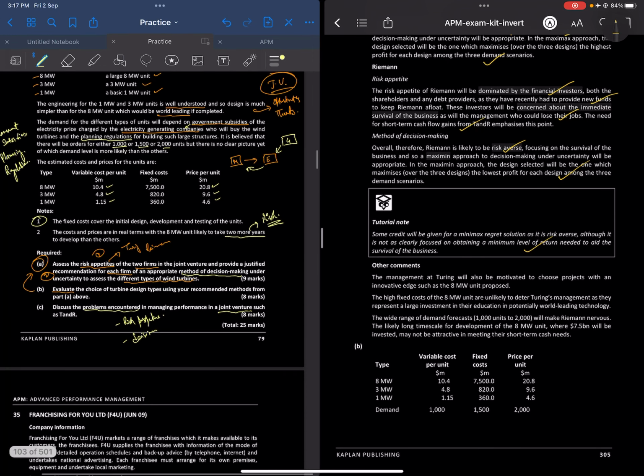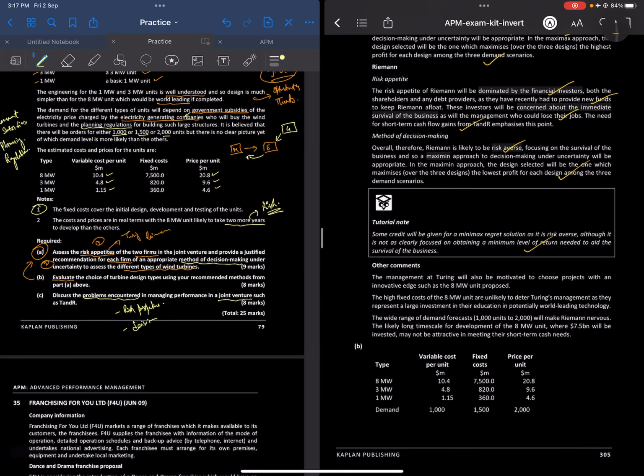And what else? We also need to make comments or recommendations. So I recommend each type of appropriate method of decision making under uncertainty to assess different types of wind turbines. The management at Turing may be motivated to choose projects with an innovative edge such as the 8 megawatt.